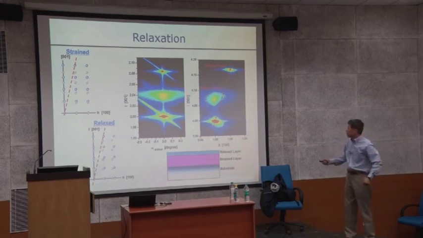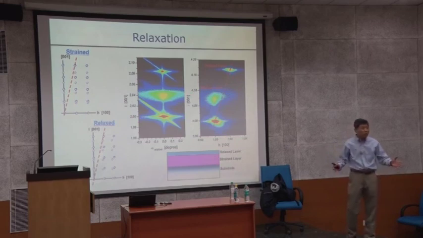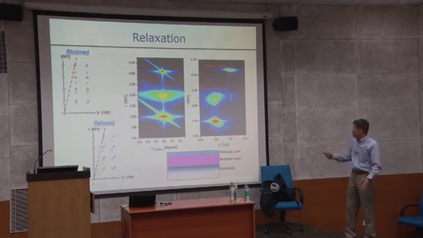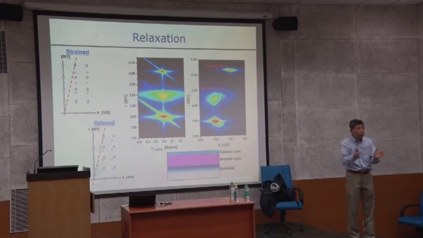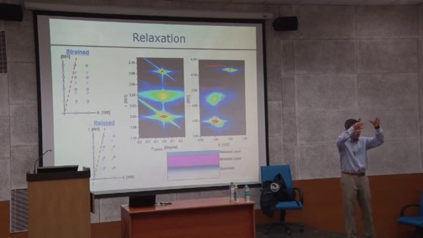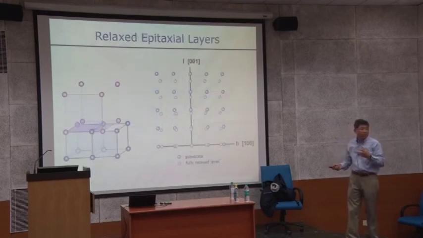Because this one is a higher value, which means the d-spacing of this one is going to be shorter. You understand that? So this one has a higher value and shorter d-spacing, which means the layer grown on top has a smaller lattice parameter. It's the opposite of this case.